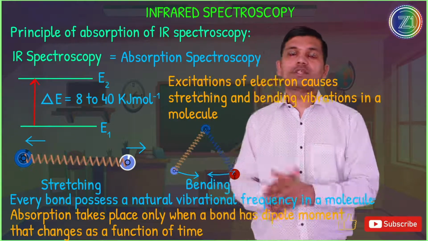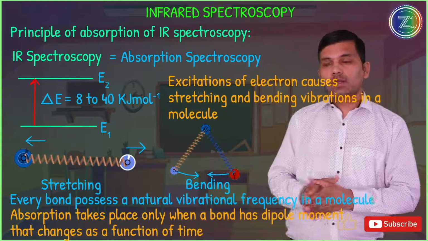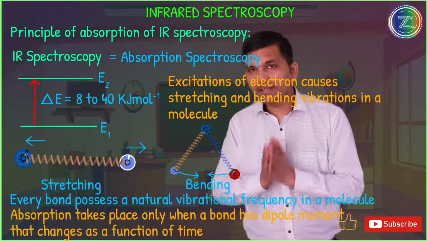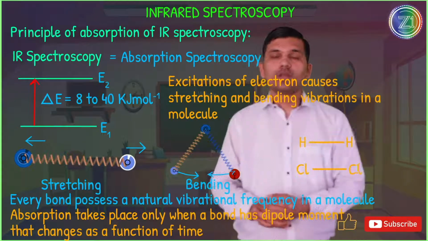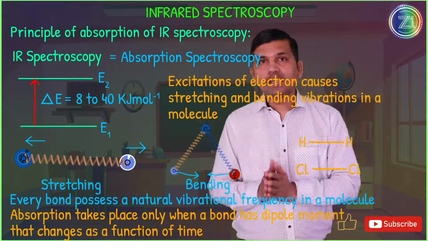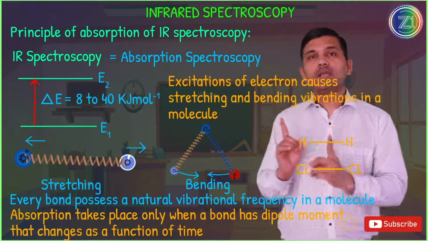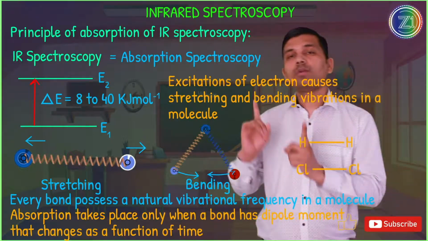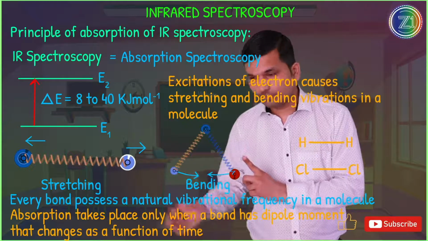Now let us understand this concept. I have mentioned an example here, hydrogen and chlorine. You can easily see that hydrogen and chlorine both have non-polar bonds.